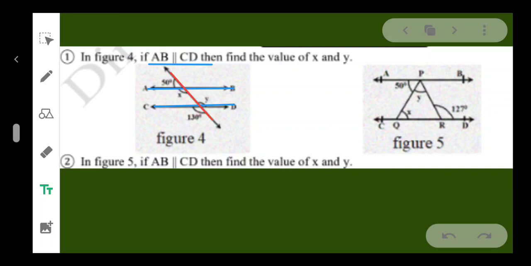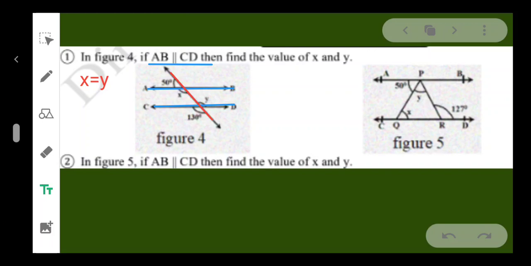First method, we can put X is equal to Y. Why? Because AB and CD are parallel and this third transversal line intersects these 2 points, where X is on the left side, Y on the right side, and interior in the AB and CD. These are the alternate interior angles.